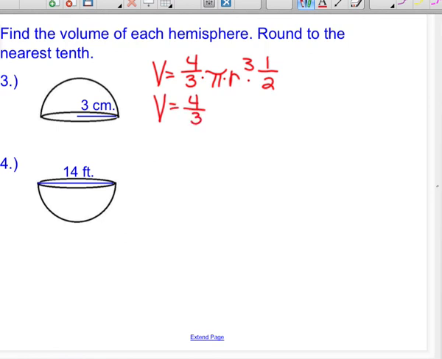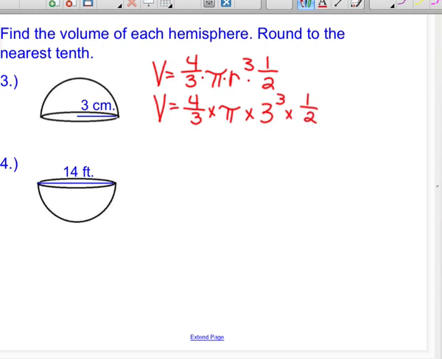Remember, multiplying something by half is the same as dividing it by 2, which ultimately is what we're doing here. We're going to find the volume of the sphere, and then we're going to basically take half of that, or divide it by 2. All right, it's time for me to plug in the value of the radius, and I look over there at my drawing, and I see my radius is 3. 3 to the third power is not 9, by the way.